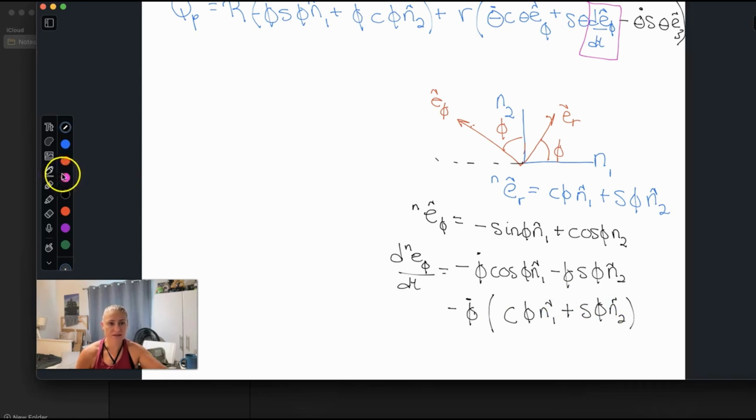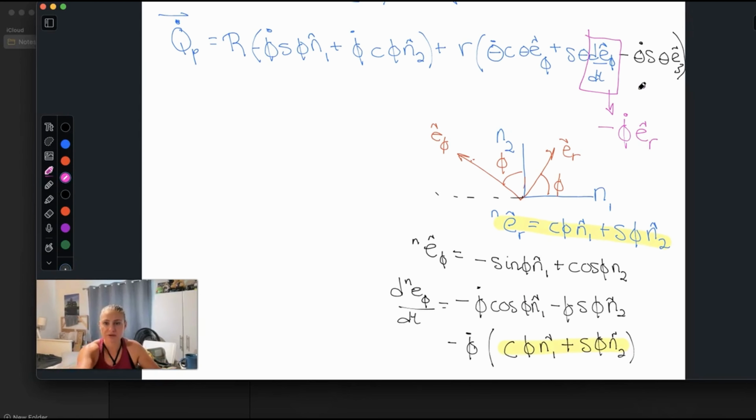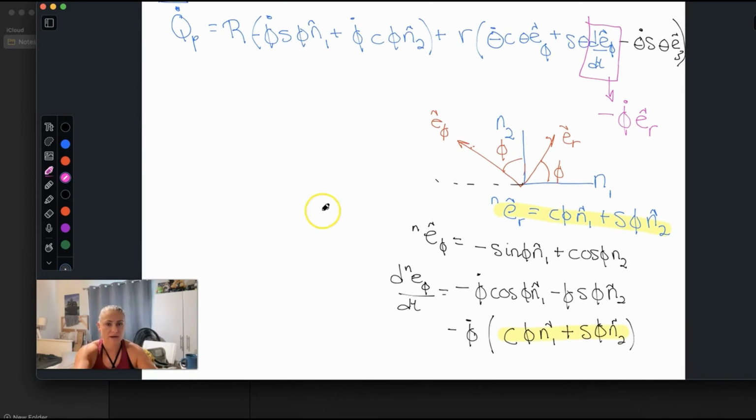Check this out, this is the same thing as ER. So the derivative of E phi is really equal to negative phi dot ER. Let's clean this up, because I think that was the only unit vector I needed. Let's rewrite this down here.